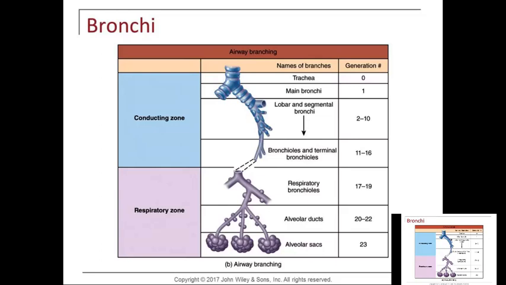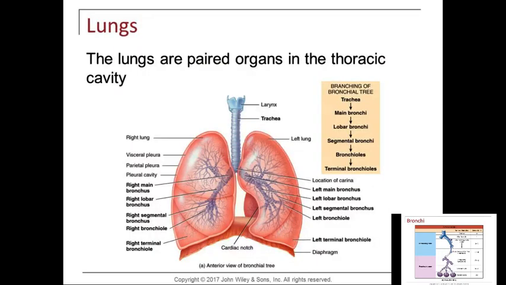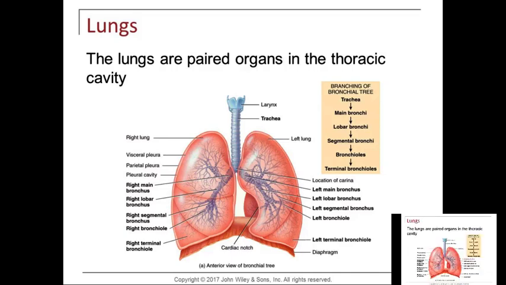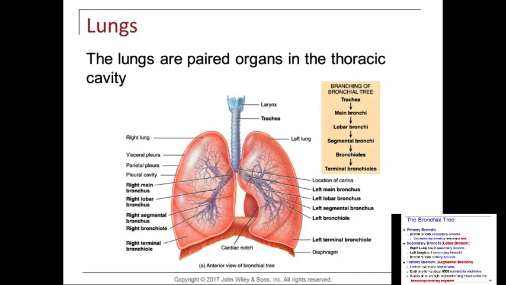Now we move into the respiratory zone. We have the respiratory bronchioles, the alveolar ducts, and the alveolar sacs, which is where the gas exchange is going to take place. The primary bronchus is the branch which is going to form the secondary bronchus, and there's going to be one left and one right primary bronchus.